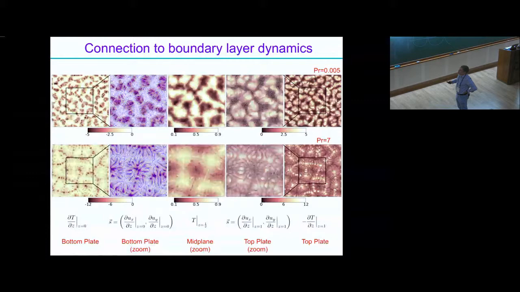And I want to point your attention now to the following fact. In the middle, we show the temperature field in the midplane. These three figures have the same size. And then you can clearly see that the plume ridges, which are formed at the bottom, show up as temperature maxima in the midplane.